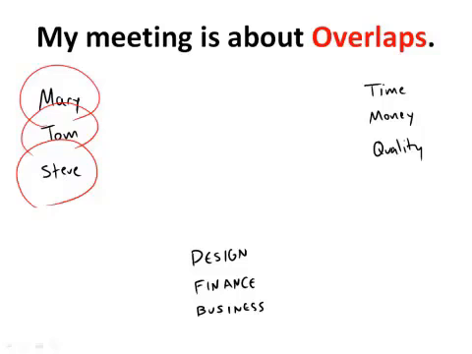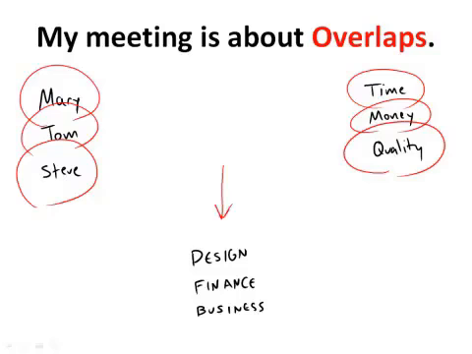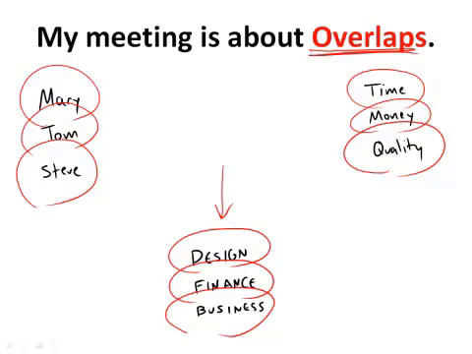Or perhaps our meeting today is about trying to get clarity on focus on either time or money or quality. Or perhaps our meeting today is about looking for the overlap between design and finance and business. If your meeting is about looking for the overlaps between lists of things, hey, now we draw a map.